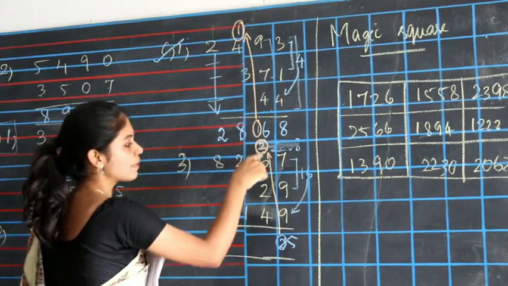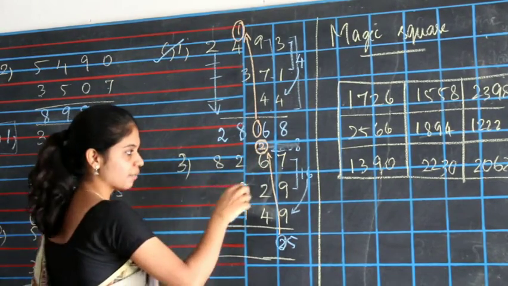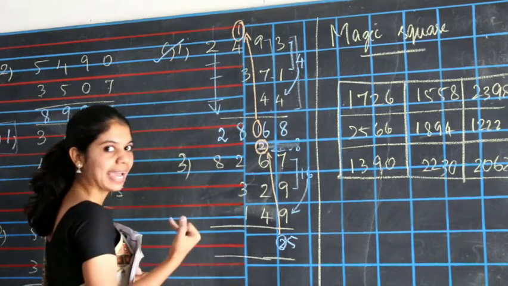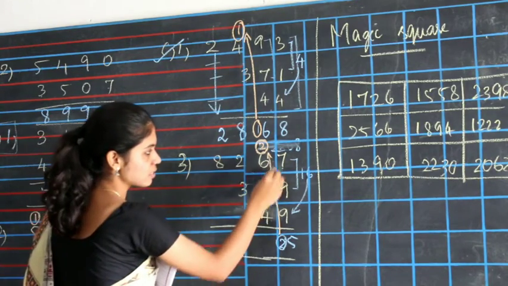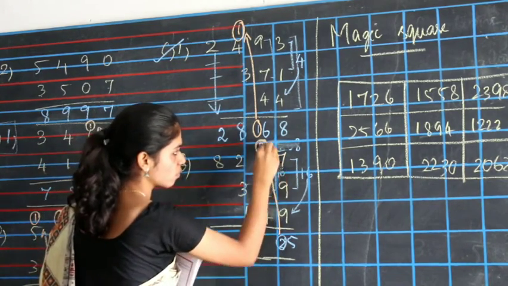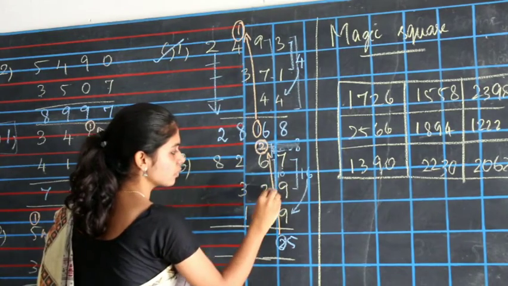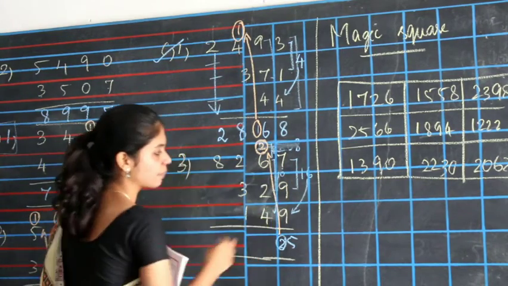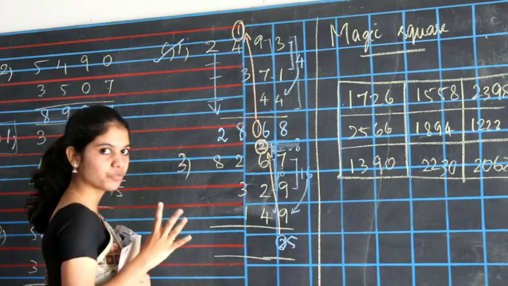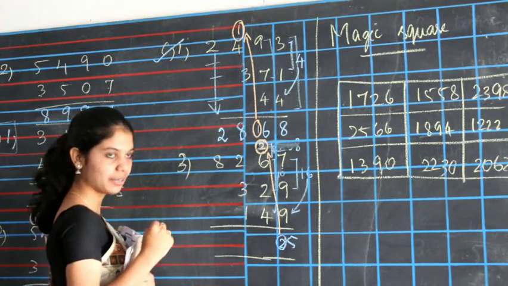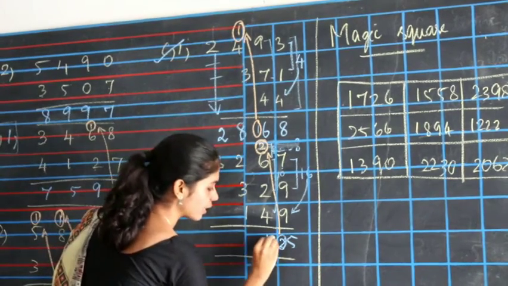So 2 plus 6 will be 8. 8 plus 2 will be 9 and 10. 10 plus 4 will be 10 in your mind, 4 in your fingers. 10, after 11, 12, 13 and 14. 14.